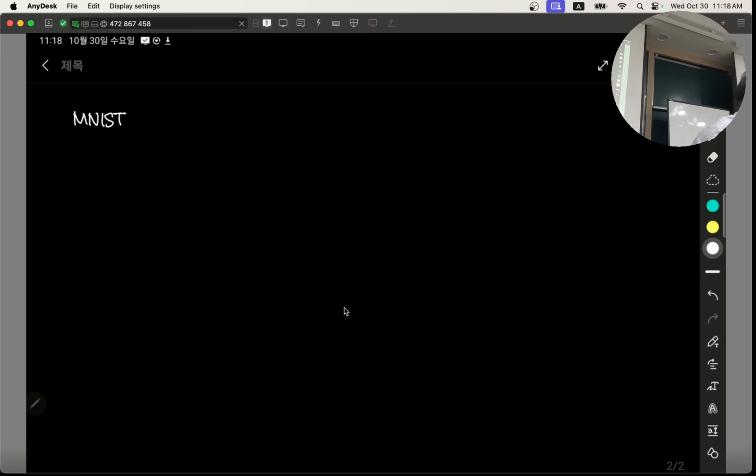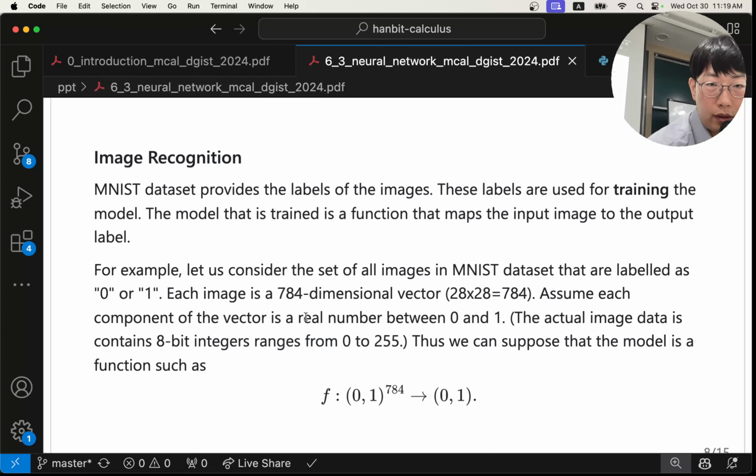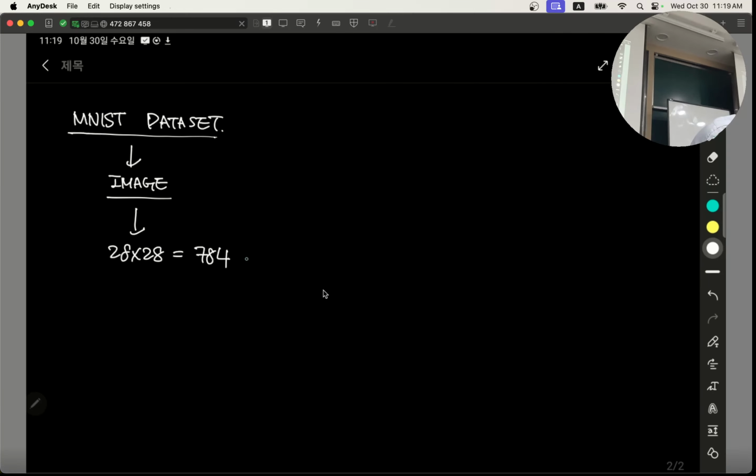Now, we have a data set, the MNIST data set, and it consists of images. The images are 28 by 28. How many is this? 784. Okay, so 784 integer numbers.